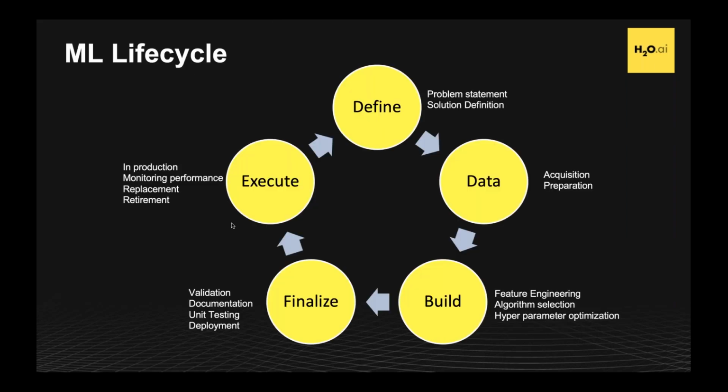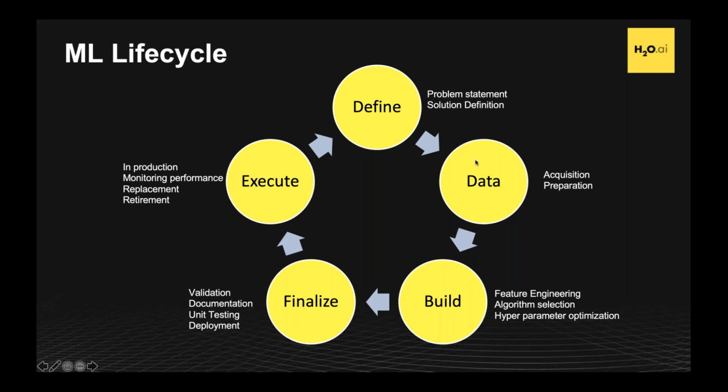So to start with, probably many of you are aware of such a life cycle. Any machine learning use case would have these 5 broad components, right? So we start with what kind of a business problem we would want to attack. We define what our business problem is going to be, and what is the kind of data that we should acquire to solve this problem, or to build a model.